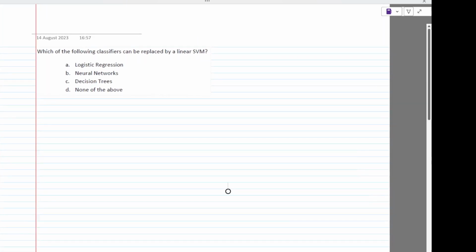They're asking which of the following classifiers can be replaced by a linear SVM. We have been given three kinds of models: logistic regression, neural network, and decision trees. Logistic regression is a linear model, just like SVM.